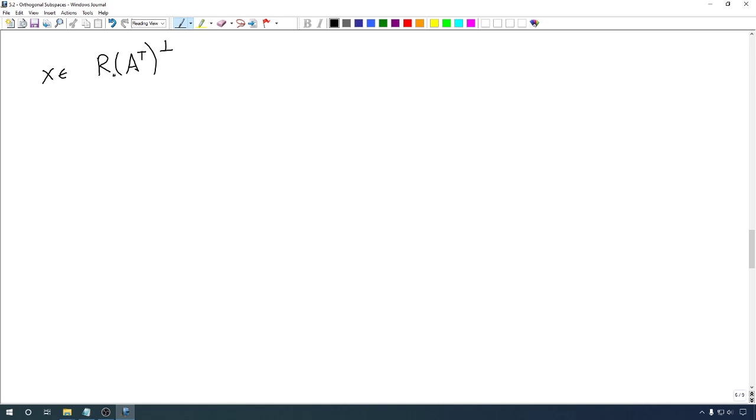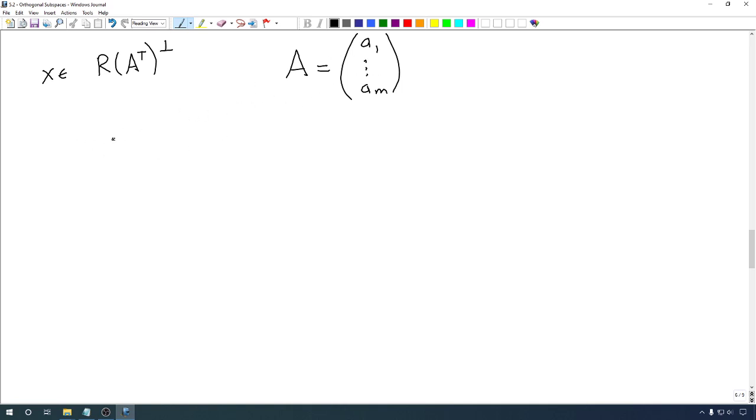So if x is perpendicular or orthogonal to the row space, that means that if we name the rows of A as A1 through Am, these are all row vectors. It'll be a little easier to work with it that way.